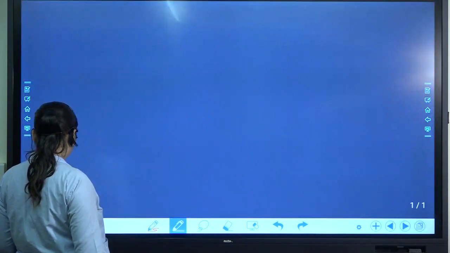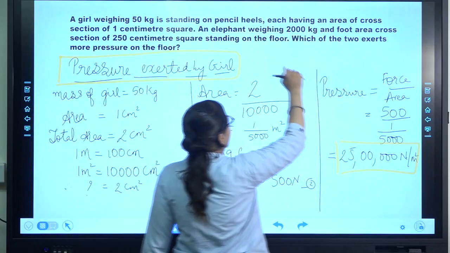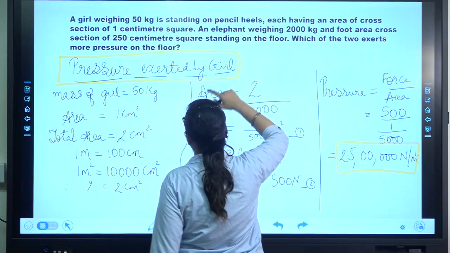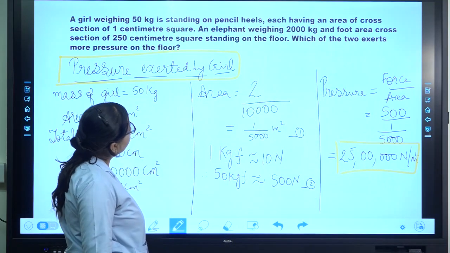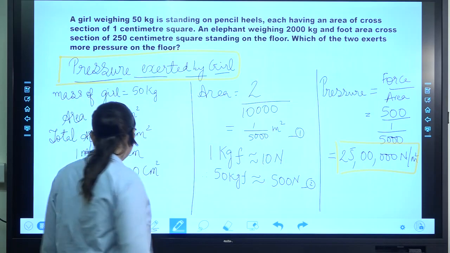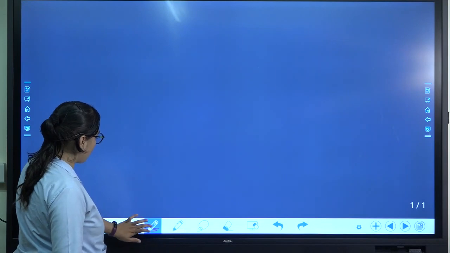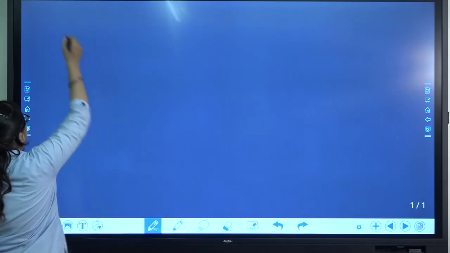Now, we are going to talk about the elephant who is weighing 2000 kg and the foot area of cross section is 250 centimeters square. A similar thing now needs to be carried out for the elephant.